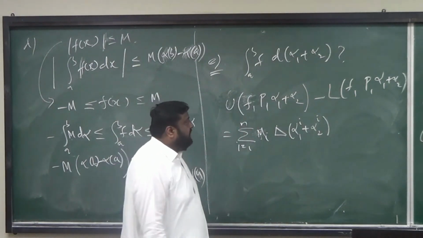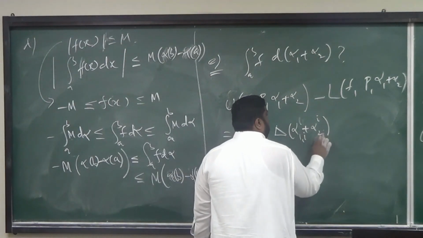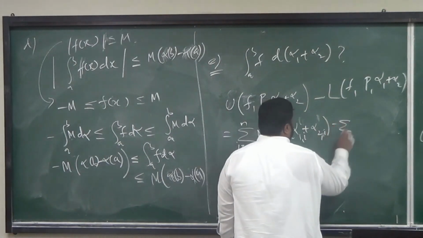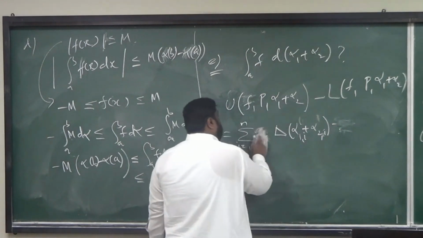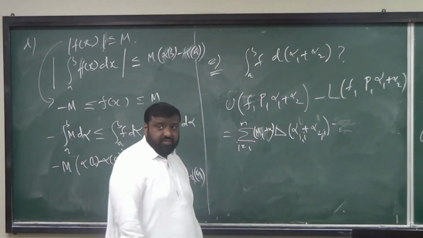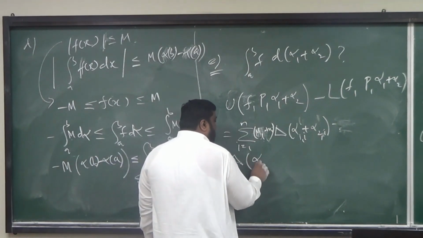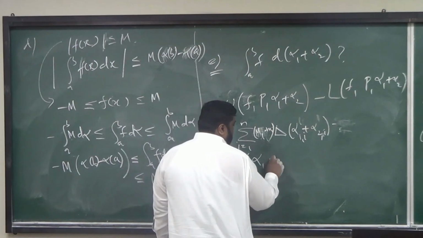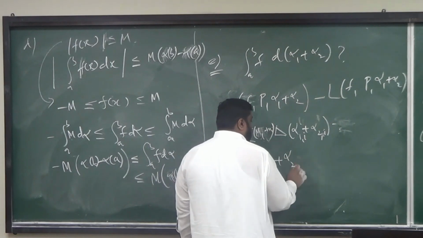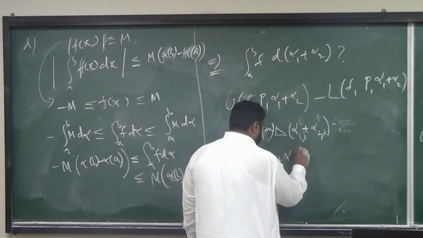Now think about this. What is delta of (alpha 1 plus alpha 2)_i?